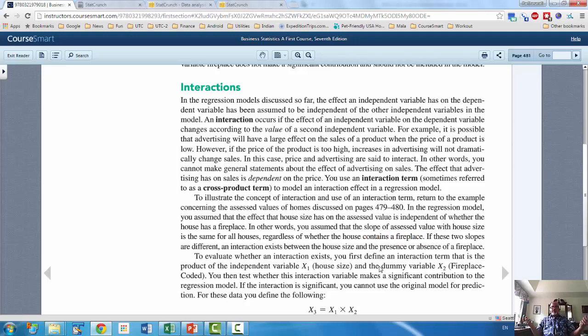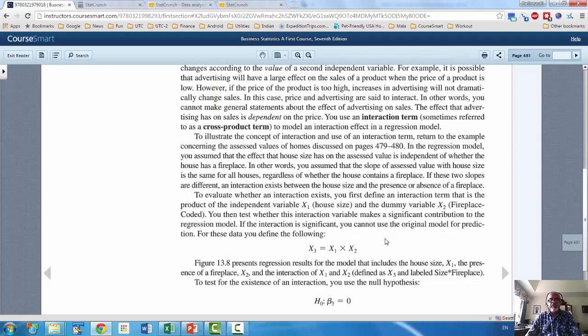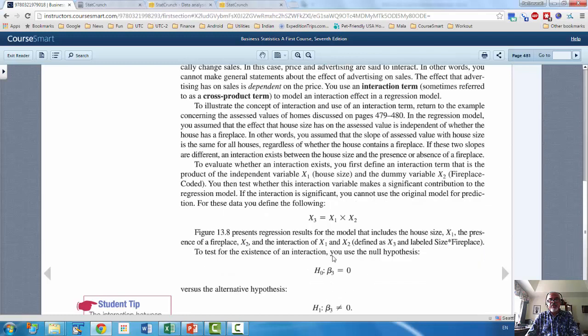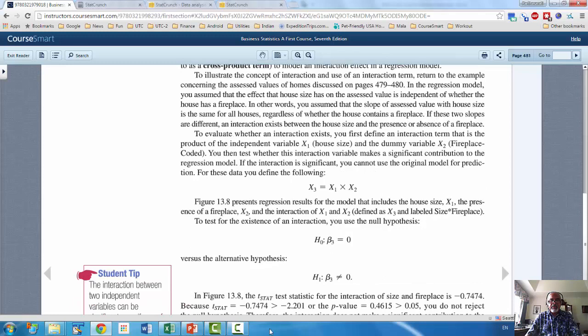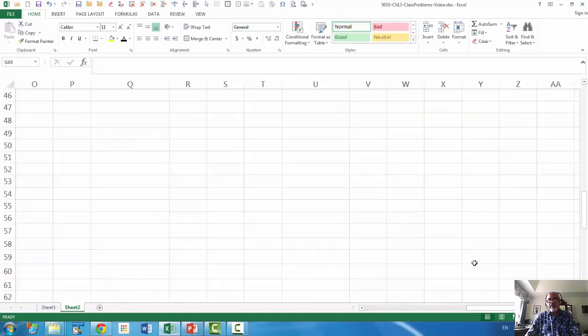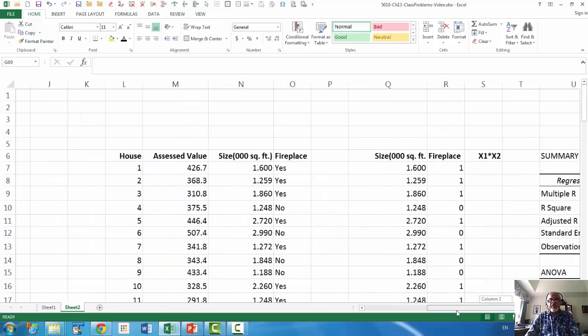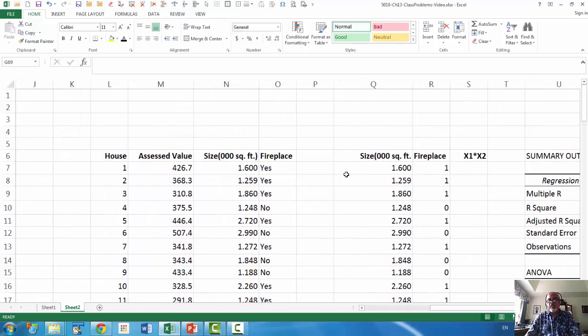Now, to see whether there is an interaction effect, we can define a third variable as the product of x sub 1 and x sub 2, and then we can test whether beta sub 3 is significant or not. So here our data is represented in these two columns: area, and whether fireplace or not.